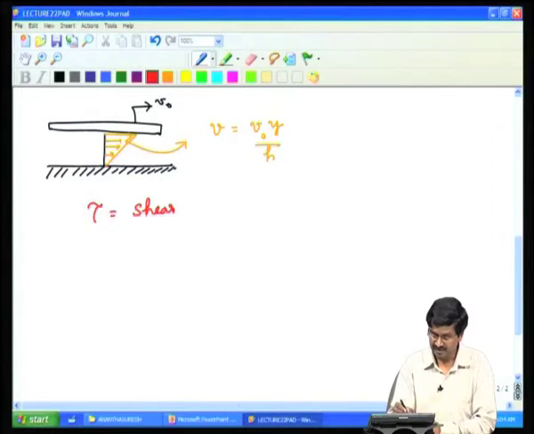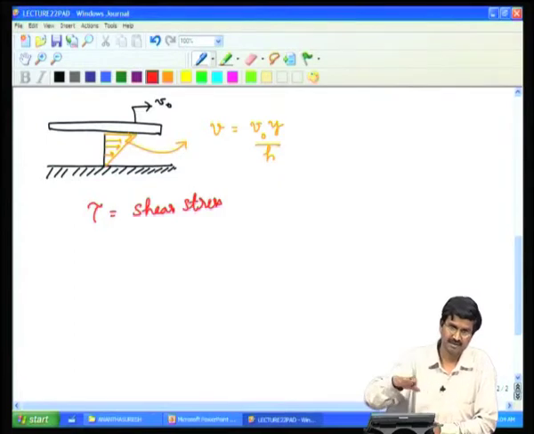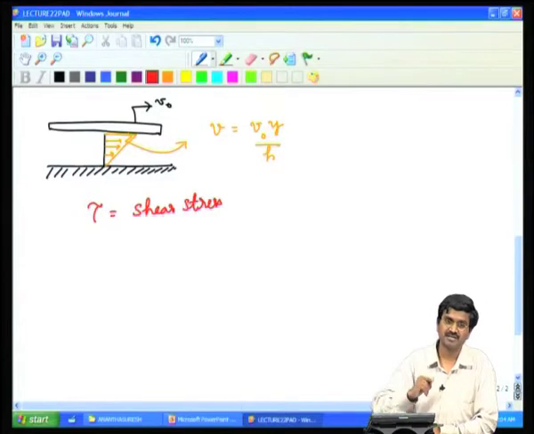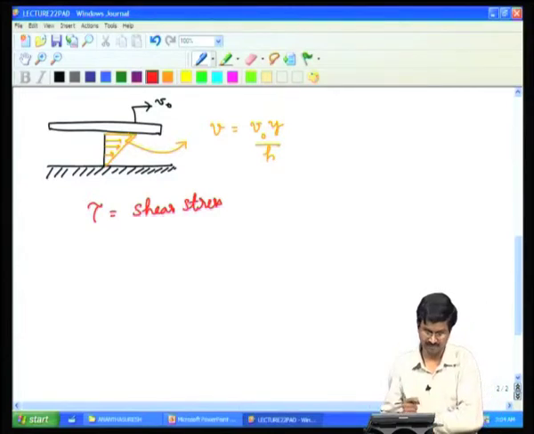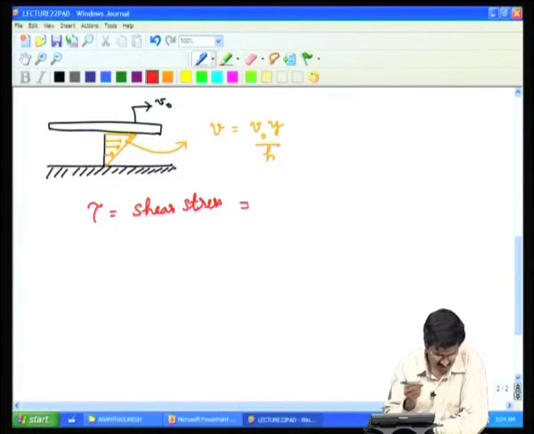We define this shear stress, which is the force experienced per unit area of the plate that you are moving over water or any other liquid. Here at micro scale, even in the presence of air, when things move, they experience substantial shear due to the fluid beneath. That shear stress is given by this relationship.